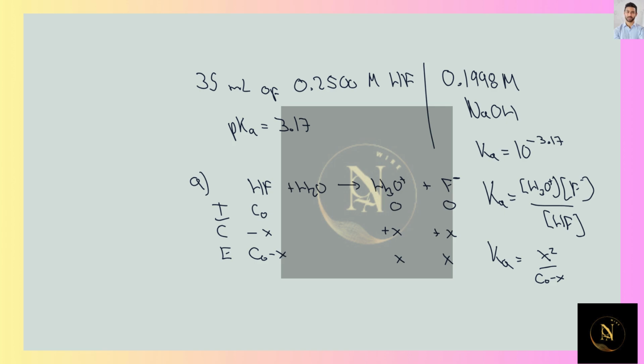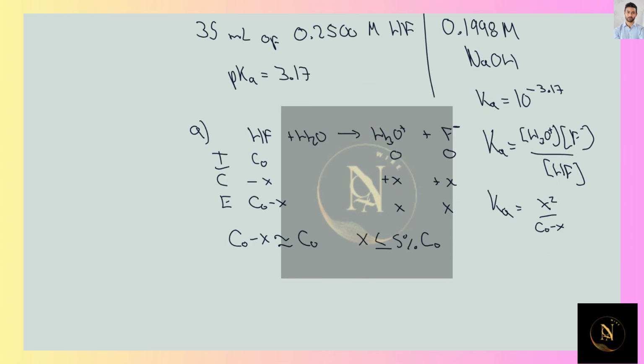So we know that x is going to be a small value. What we can do is approximate C0 minus x as approximately C0. This is going to be true if x is lower than or equal to 5% of my initial concentration. With that taken into account, the value for x is the square root of Ka times C0.